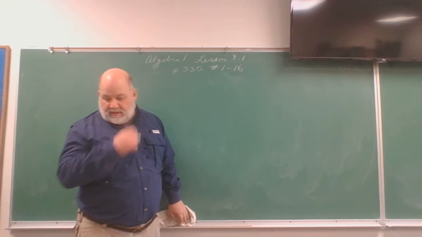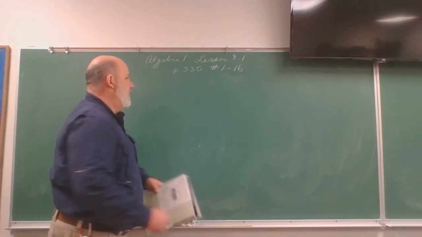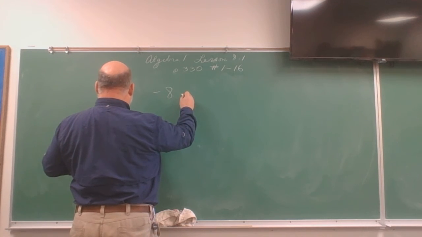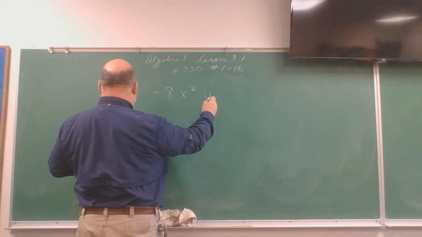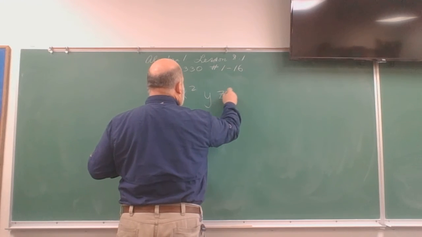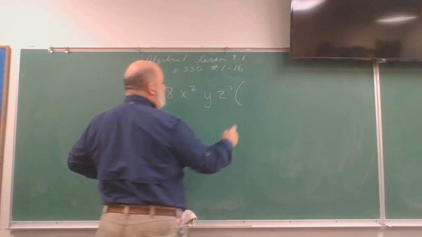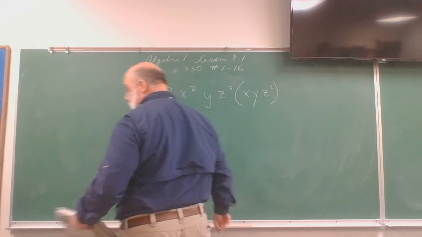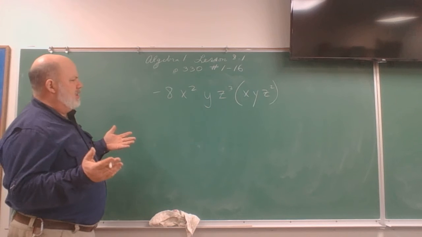Okay? Top of the next page, example 3, shows this. Negative 8 x squared y z cubed, and then it has parentheses, and it says x, y, z squared. Is there a distributive property here?